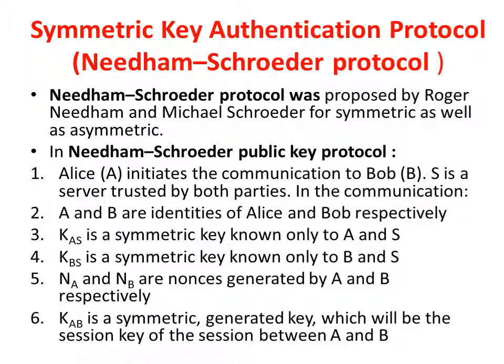Since Alice may be requesting keys for several different people, the nonce assures Alice that the message is fresh and that the server is replying to the particular message, and the inclusion of Bob's name tells Alice who she is to share this key with.